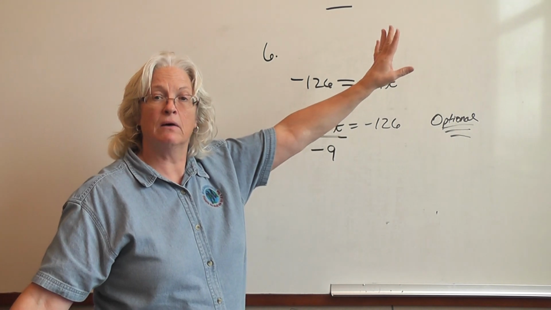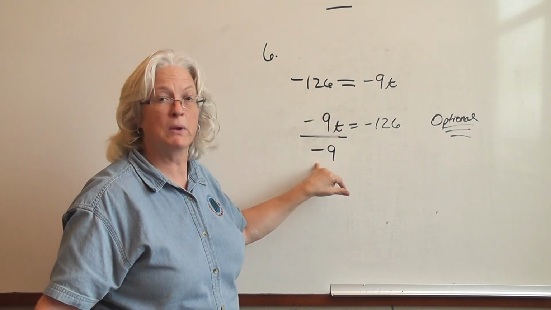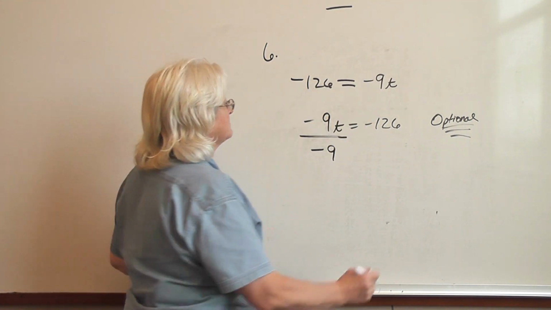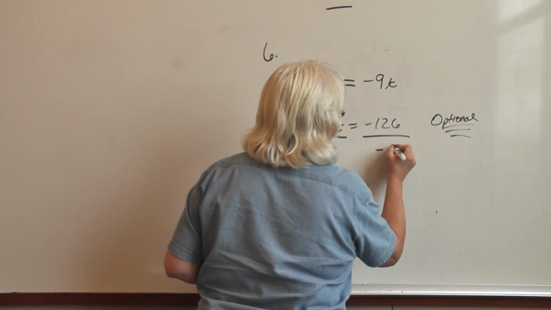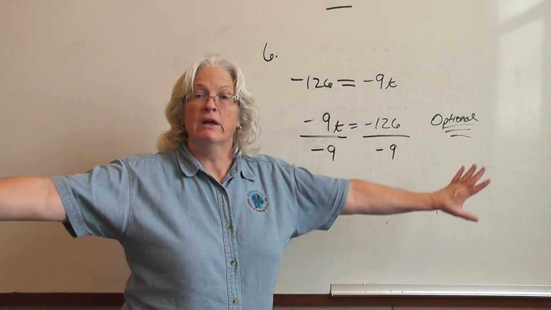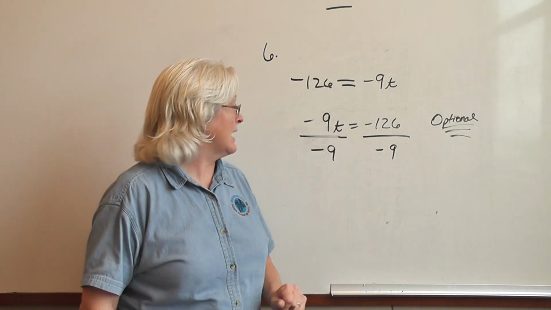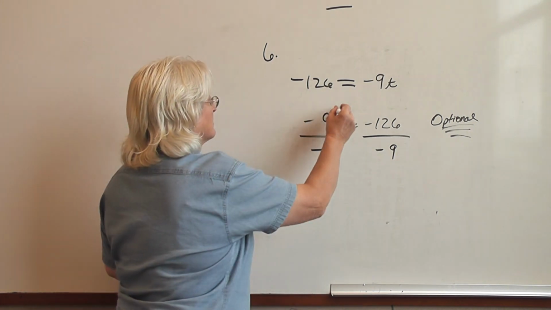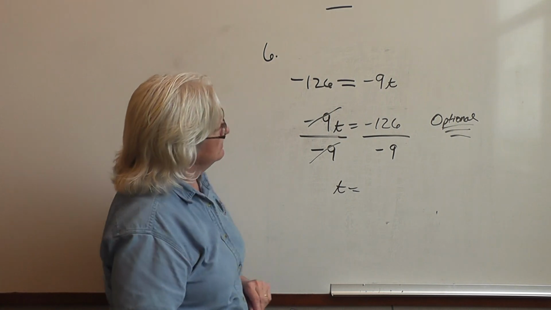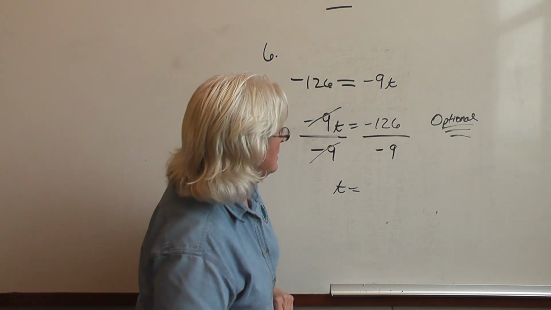Our equation is now out of balance because we only divided one side of that equation by a negative 9. We make sure that we divide the other side of the equation by a negative 9, and our seesaw is now back in balance. Common factors of negative 9, t is equal to, I think, 14.